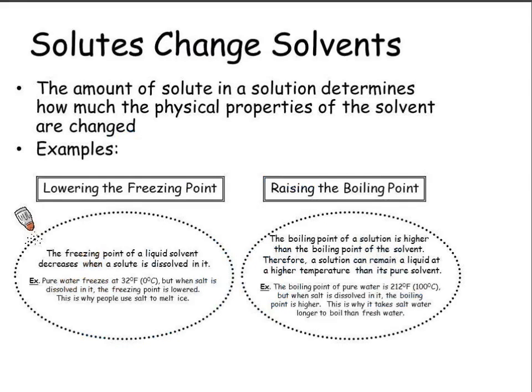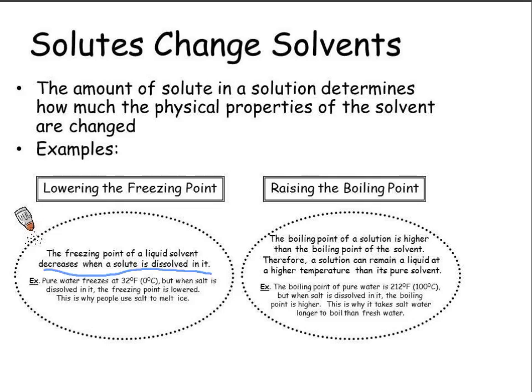Solutes change solvents. The amount of solute in a solution determines how much the physical properties of the solvent are changed. For example, the lowering of the freezing point. The freezing point of a liquid solvent decreases when a solute is dissolved in it.